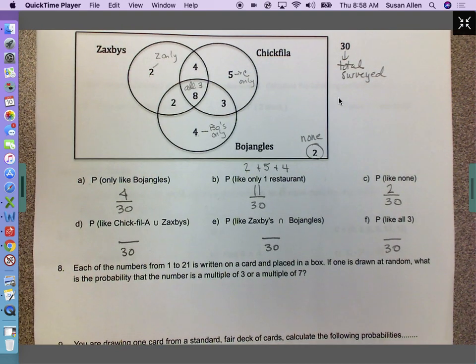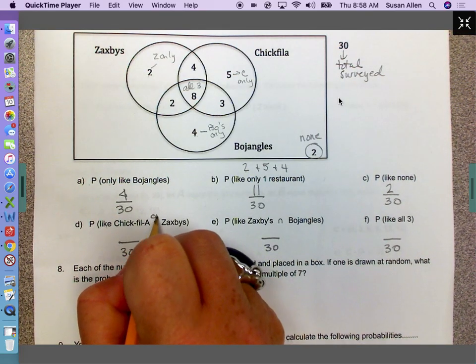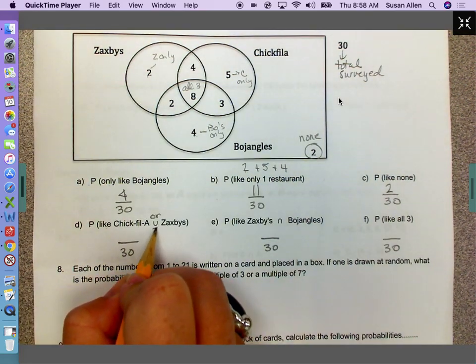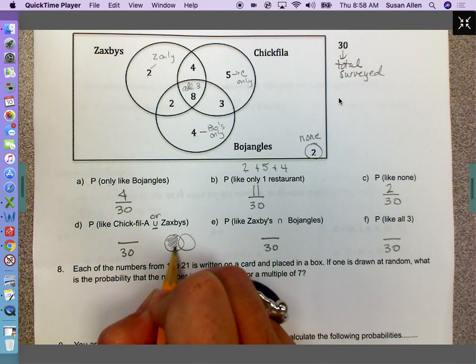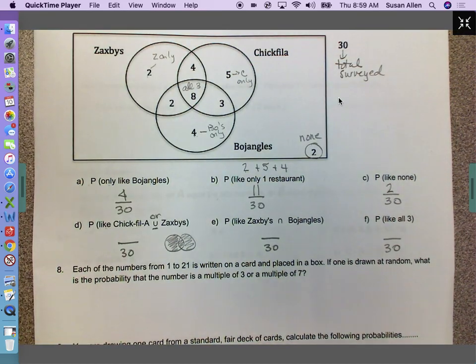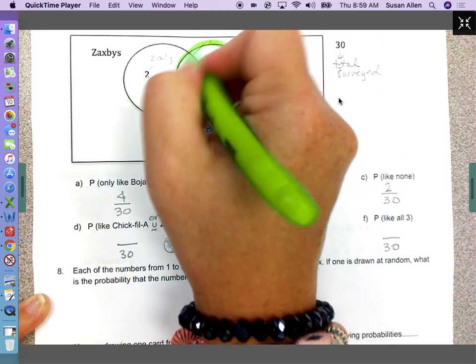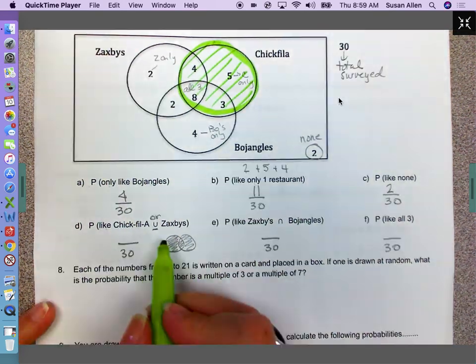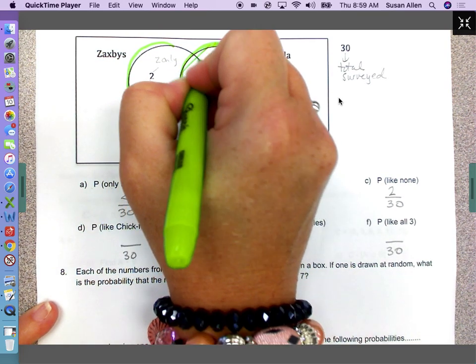Next, you are asked, what is the probability that someone likes Chick-fil-A or Zaxby's? Think about what this symbol means. It means to unite. Union, unite. That means we need to choose all those from Chick-fil-A, all of these, and we're going to unite them with all of Zaxby's.